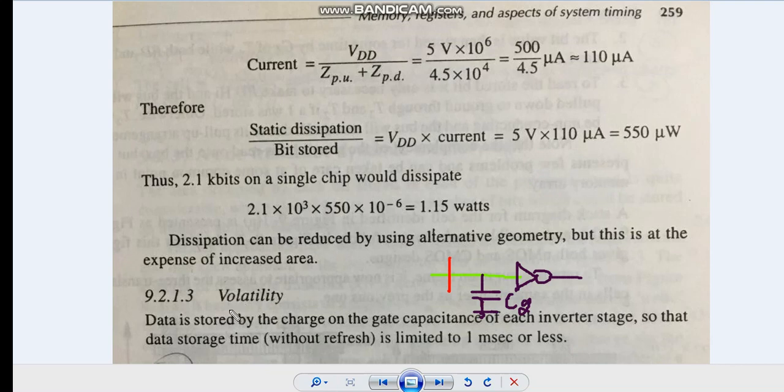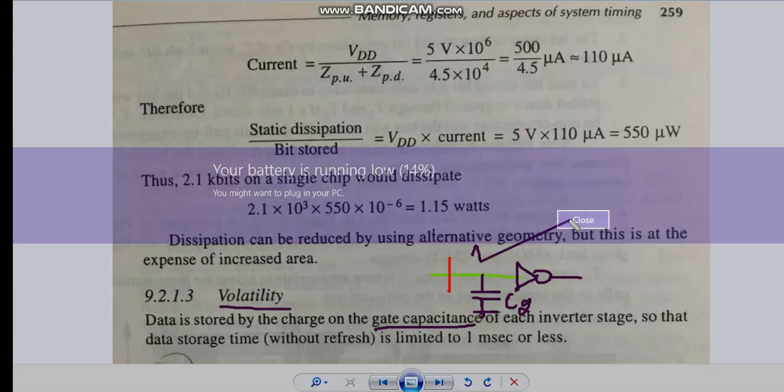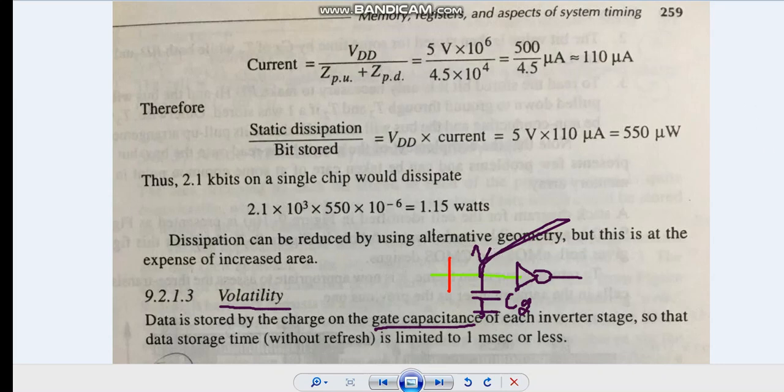Let us go to the next topic, volatility. This CG is what we call the gate capacitance. We have already seen this in the second module. Between the NMOS and the inverter we have a gate capacitance where data is stored. Let us consider bit 1 has been stored here.